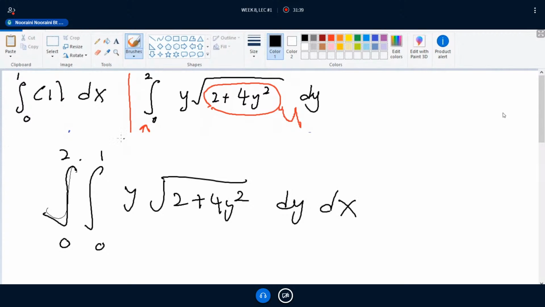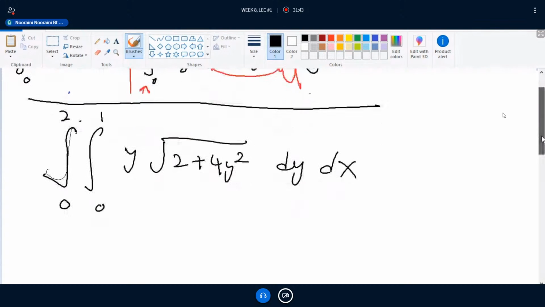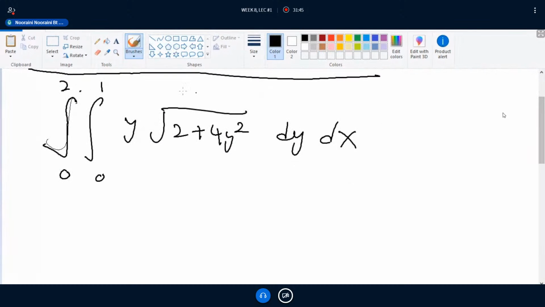So this is the question previously, if you don't want to apply the dot product theorem. So basically this is your question.